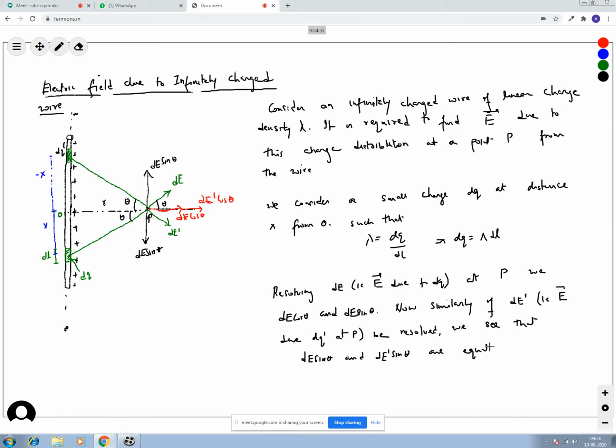So dE sin theta and dE prime sin theta are equal in magnitude and opposite in direction, so they cancel out.